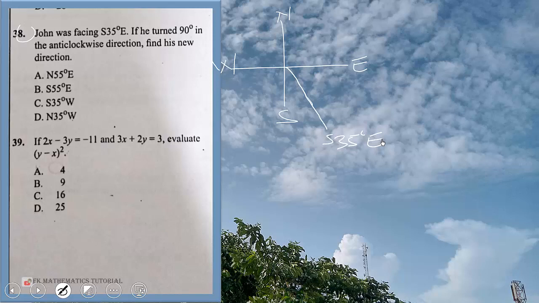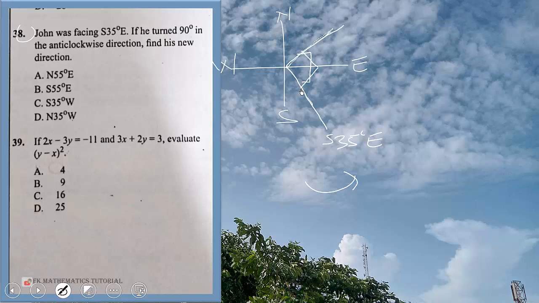We're told that if he turns 90 degrees in the anti-clockwise direction, find his new direction. So anti-clockwise is like this, so this direction. So this is 90 degrees.